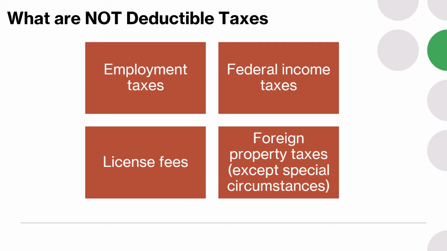And then foreign property taxes are not deductible on Schedule A. They might be deductible for some taxpayers as business expenses, but that's going to be out of scope for VITA anyway, and it's unusual circumstances.